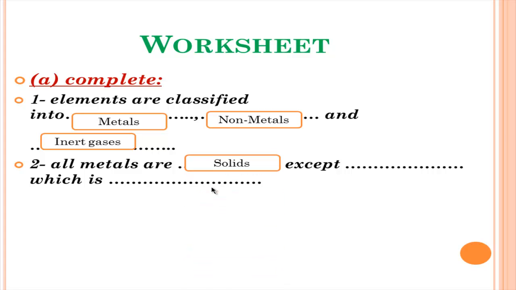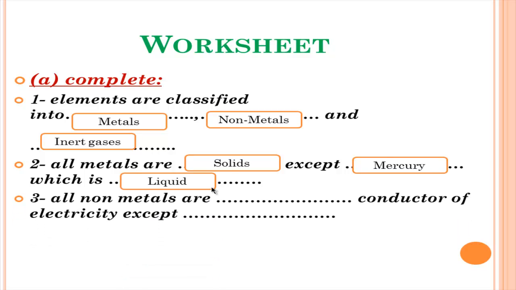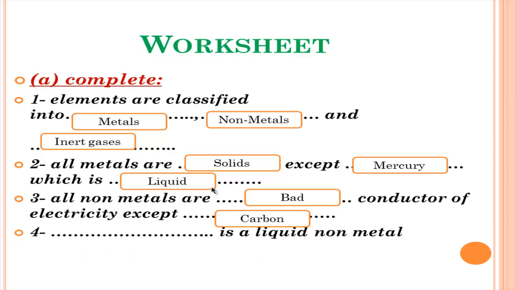All metals are solids except mercury, which is a liquid. All non-metals are bad conductors of electricity except graphite or carbon. Bromine is a liquid non-metal.